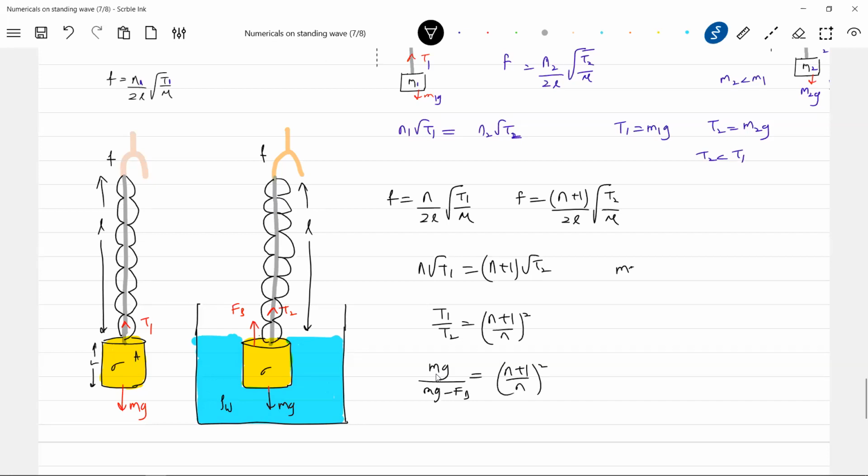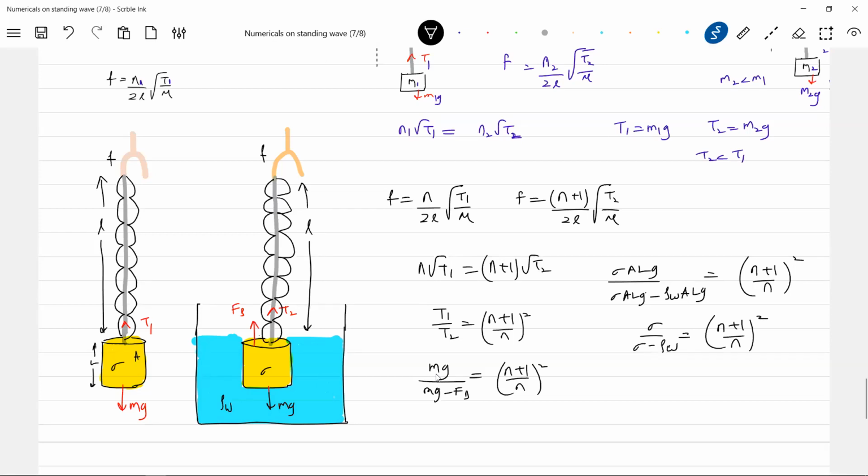Okay, now let me go for mg. What is the buoyant force? What is m? We'll write here sigma A L g. So sigma A L g will get cancelled. So sigma by rho minus... I wanted the density of the substance, no?